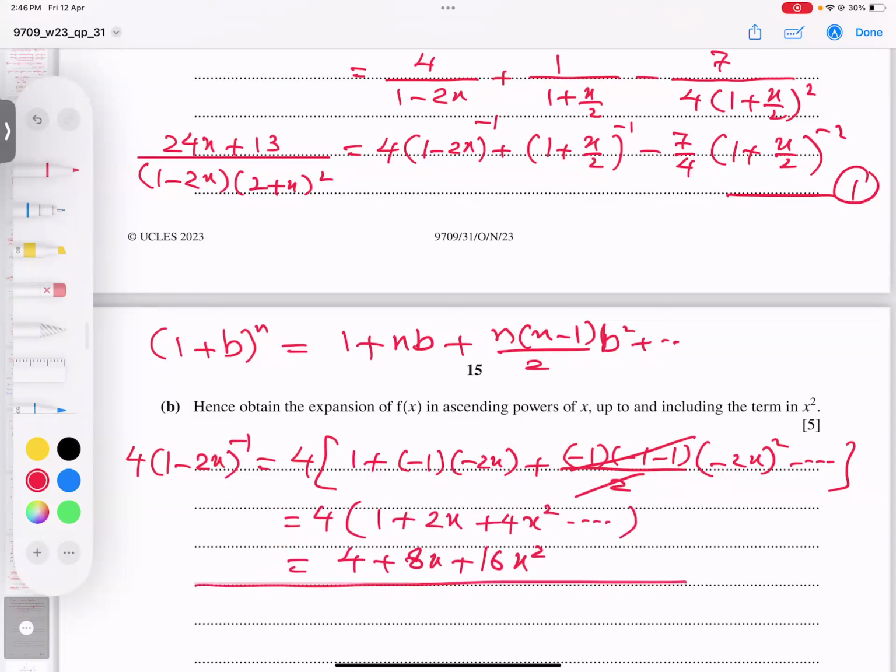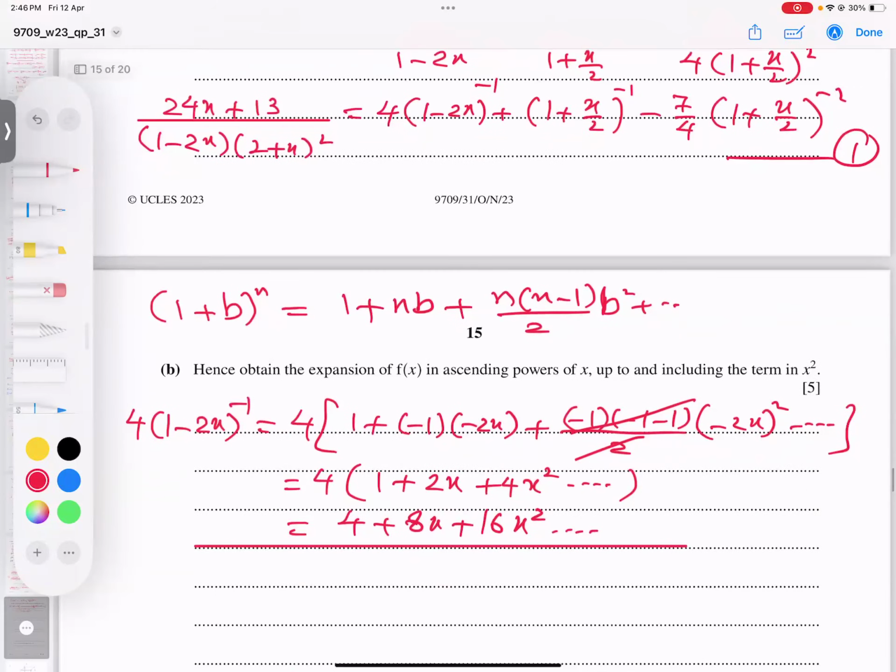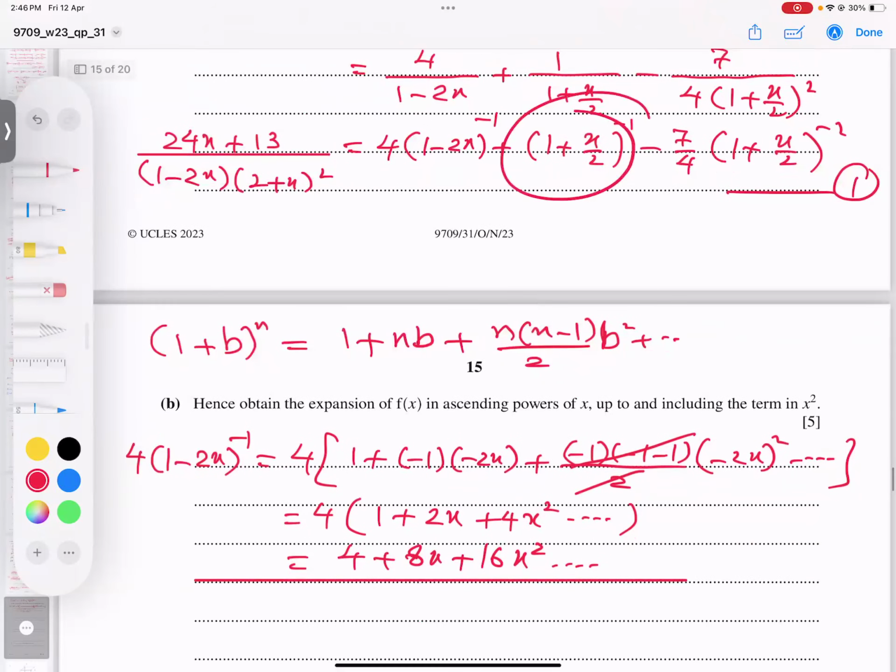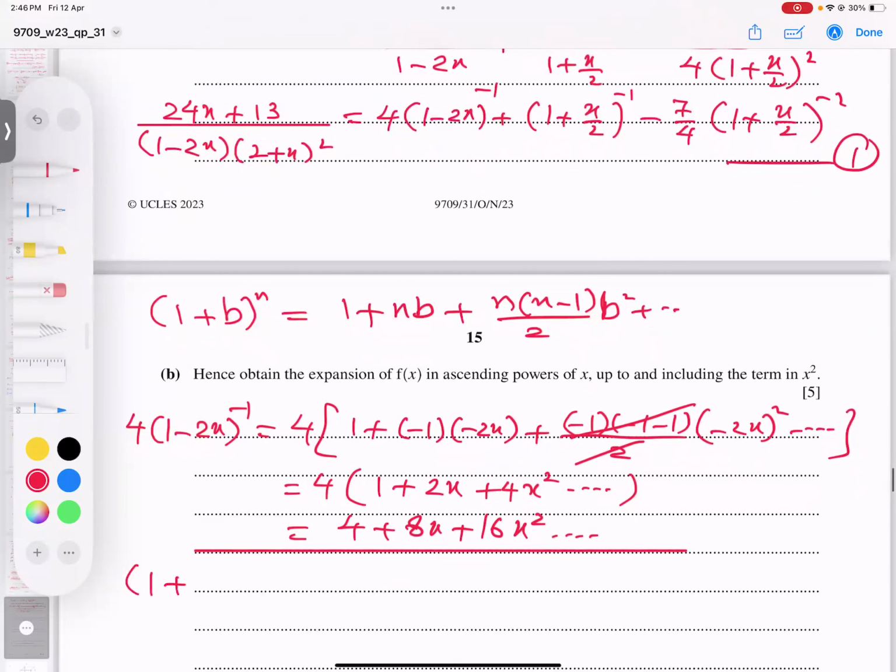Now, student, I'm doing the second job. Okay. All right. What is the second job, student? The second job we have is here. So (1 plus x by 2) to power negative 1. So again, formula 1 plus nb. nb means n and b.